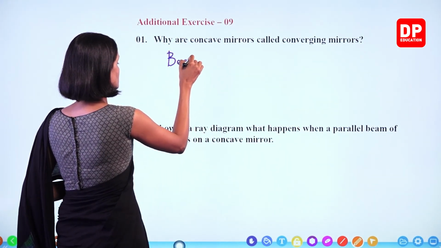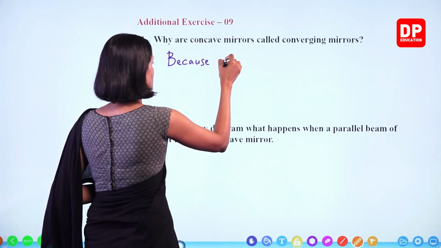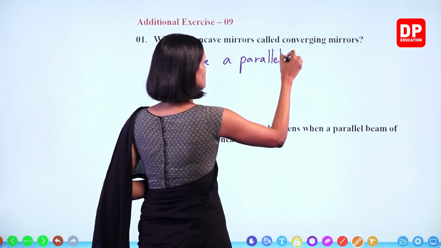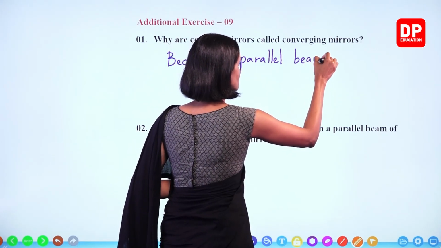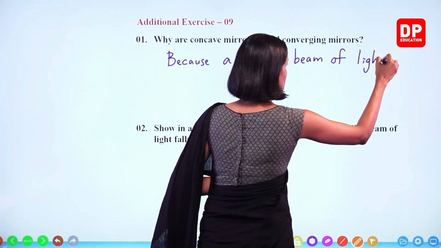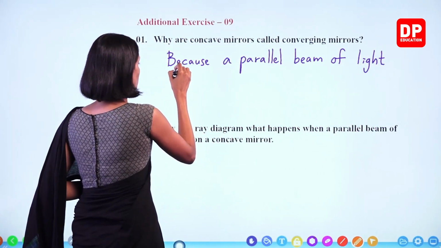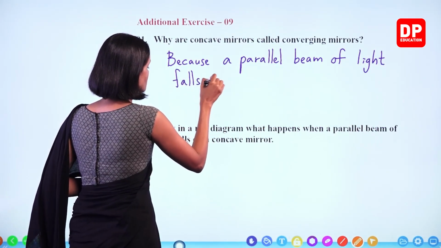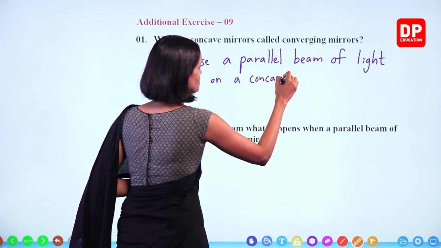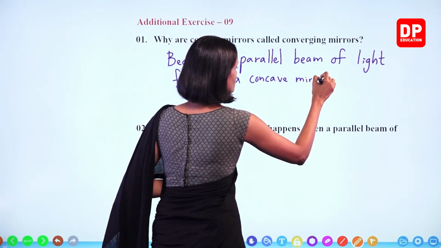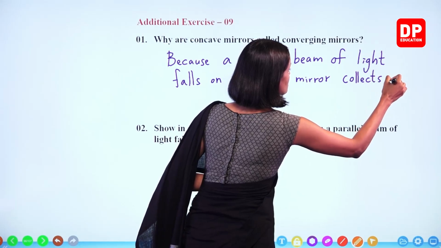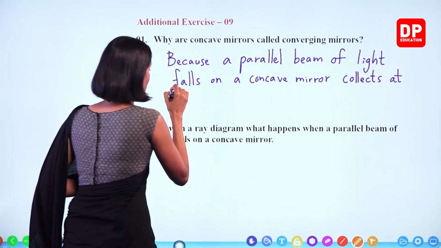Because a parallel beam of light falls on a concave mirror, collects at the same point.